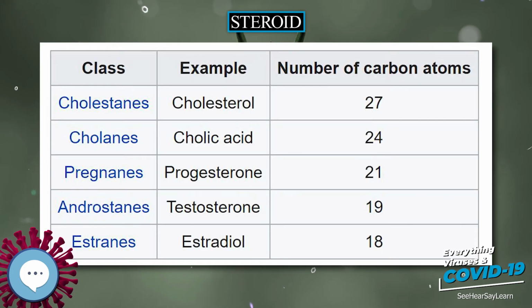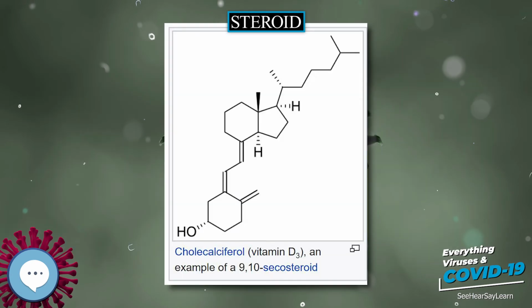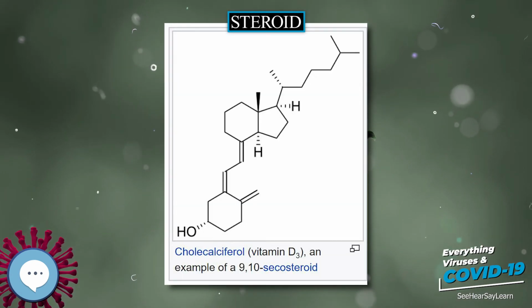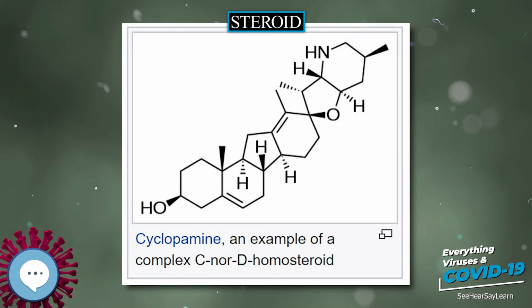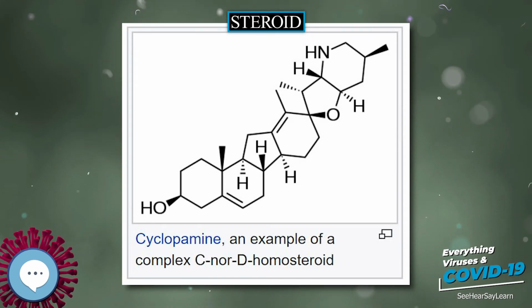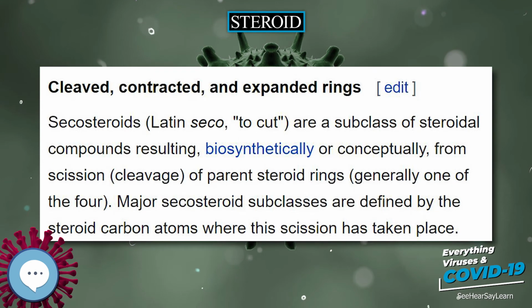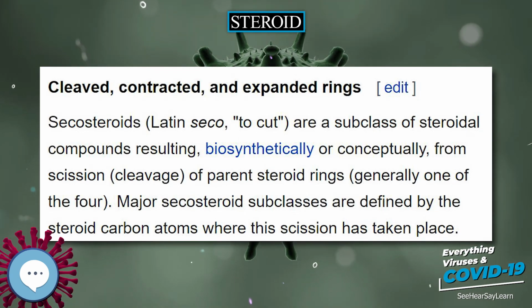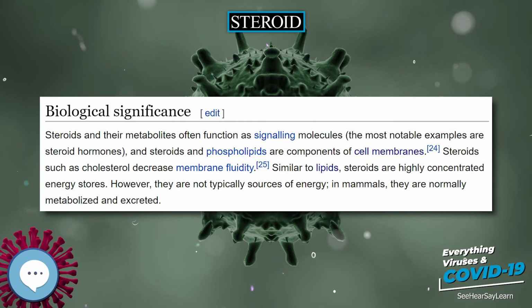For instance, ewes who graze on corn lily ingest cyclopamine, shown, and veratramine, two of a subfamily of steroids where the C and D rings are contracted and expanded respectively via biosynthetic migration of the original C13 atom. Ingestion of these C-nor-D-homosteroids results in birth defects in lambs, cyclopia from cyclopamine and leg deformity from veratramine.